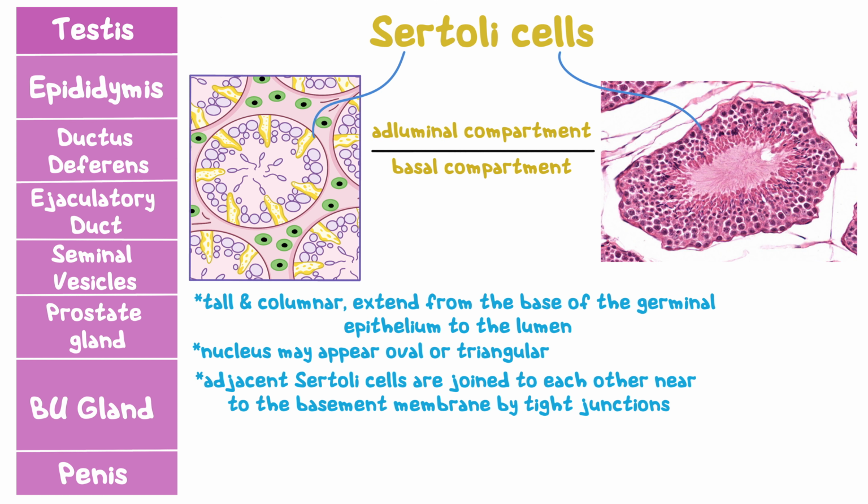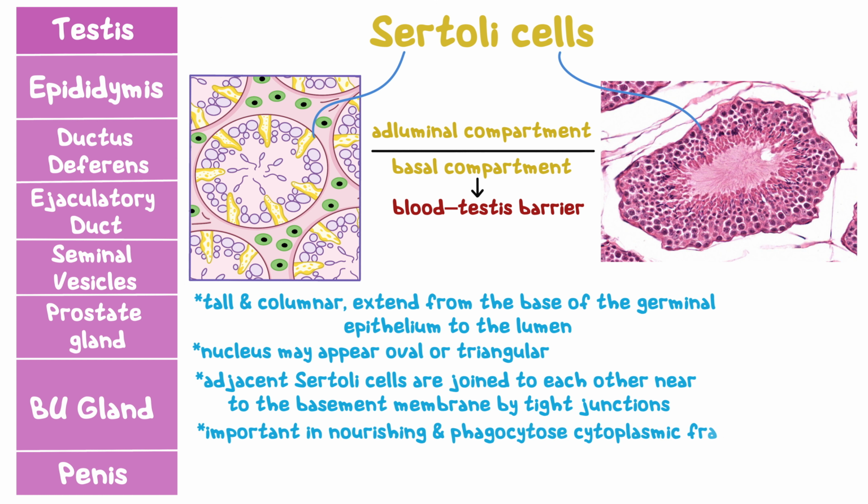The barrier formed between the two compartments is known as the blood-testis barrier, and it ensures that large molecules, for example antibodies or microorganisms in blood, do not readily pass to developing spermatozoa. Sertoli cells are also important in nourishing developing spermatogenic cells, and they phagocytose cytoplasmic fragments released from the spermatozoa as they develop.